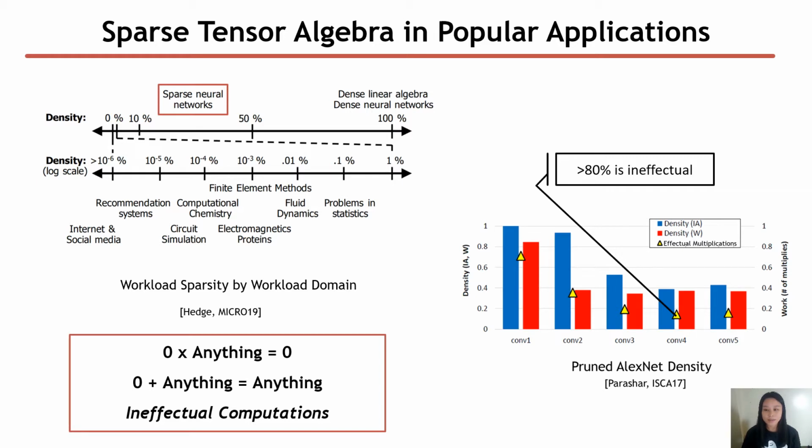Thus, it has more than 80% ineffectual work involved. Therefore, it is important for us to both understand how to process sparse tensor algebra on an accelerator design, and also how we can optimize these designs to exploit ineffectual computation so that we can have better energy efficiency and processing speed.